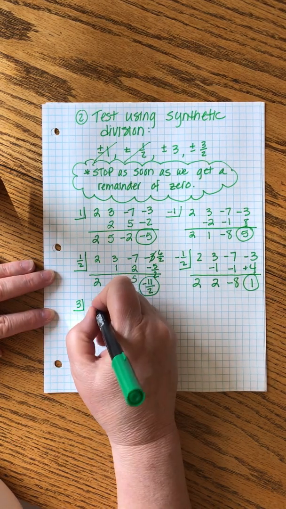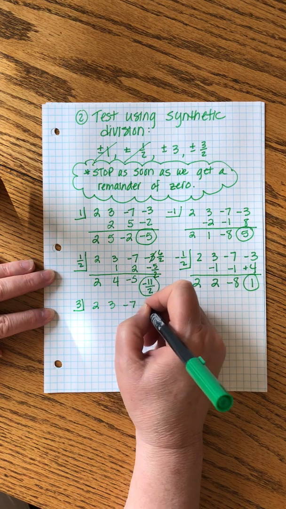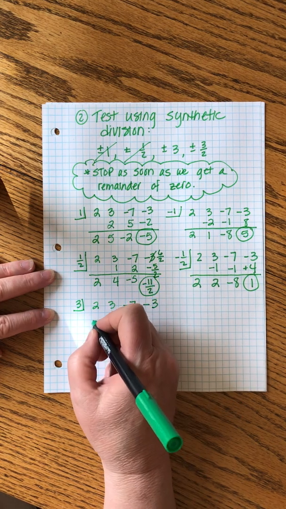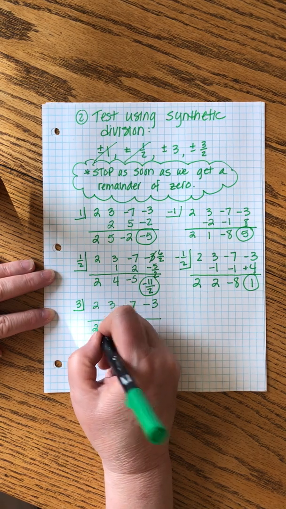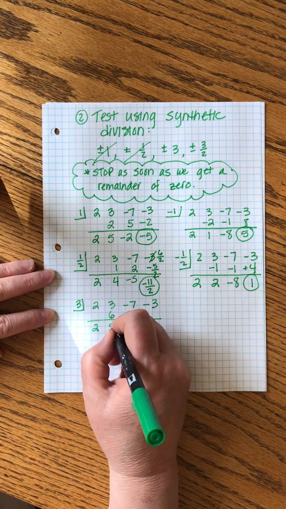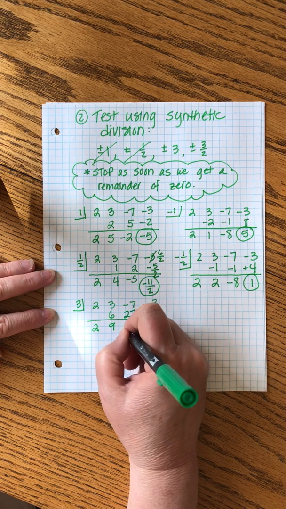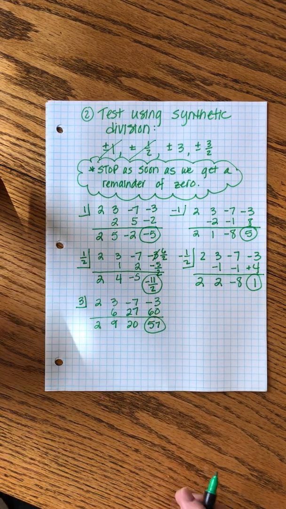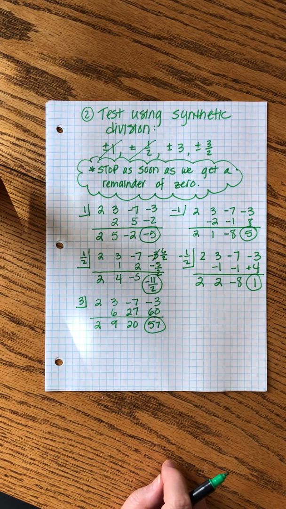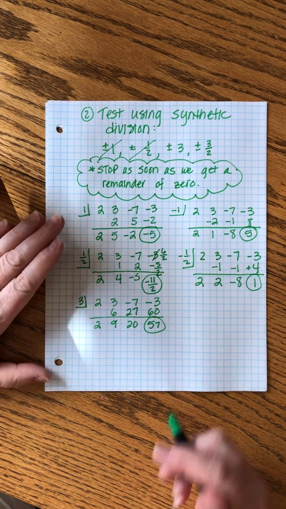Same coefficient pattern. 2, 3, -7, -3. Three times 2 is 6. That didn't work out. Dang it. We keep going.